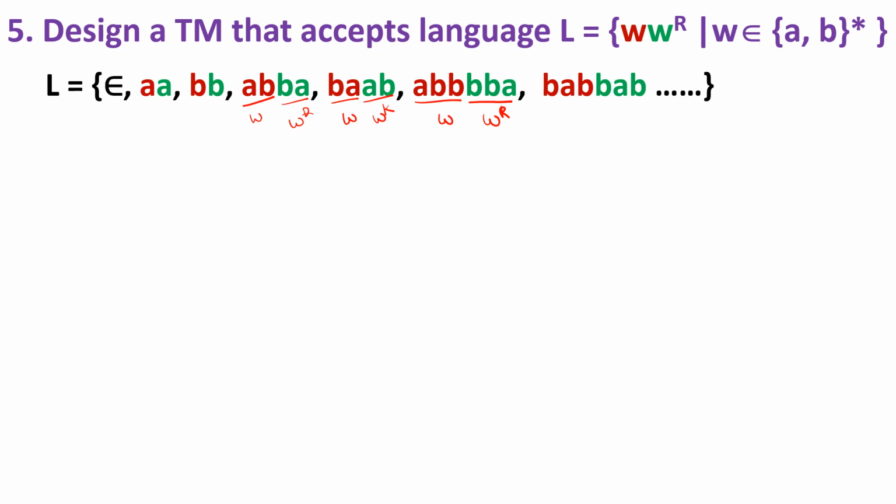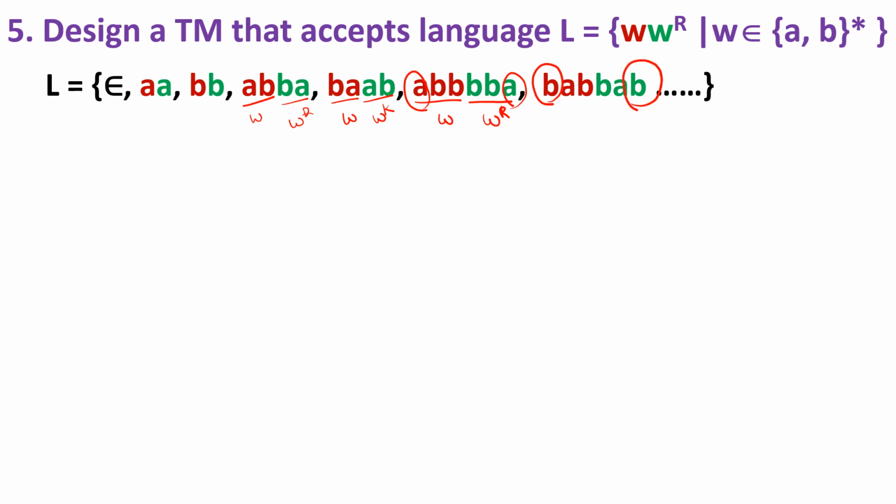So you can see here, if at all A or B exist, the string may start with A or it can start with B. If it starts with A, it ends with A. If it starts with B, it ends with B.